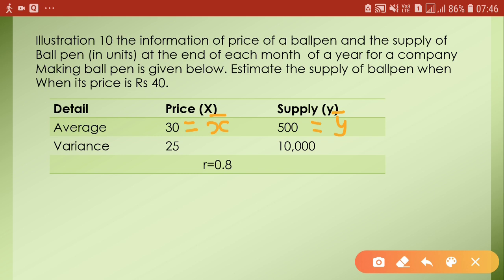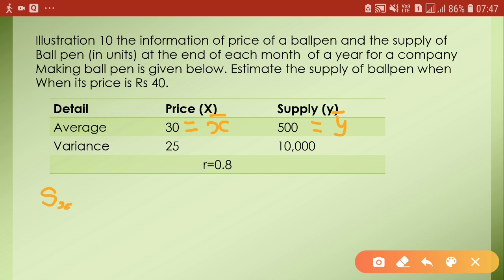Then variance is given. Now what is variance? I taught you, but if you don't remember, then write it down somewhere.